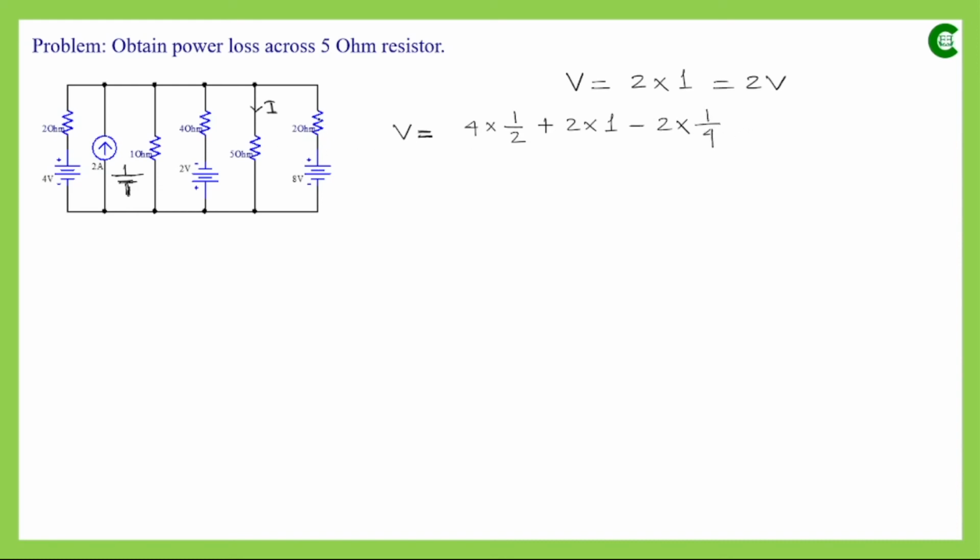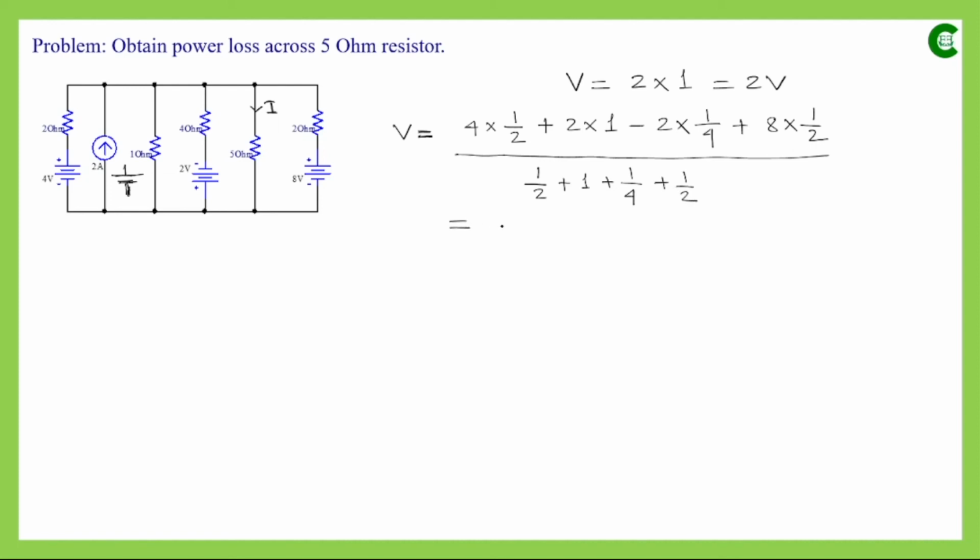And for this branch it is the same polarity, so it will be taken as positive: 8 multiplied by the conductance 1 by 2, all divided by the summation of all the conductances. So it will be half plus 1 plus 1 by 4 and again plus half.